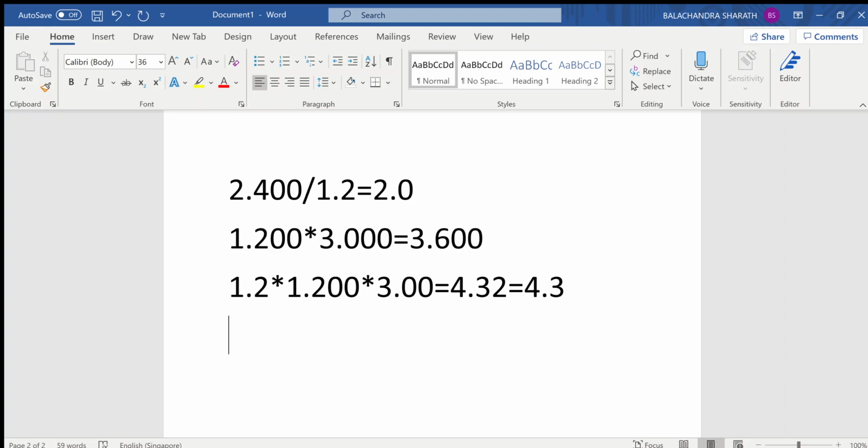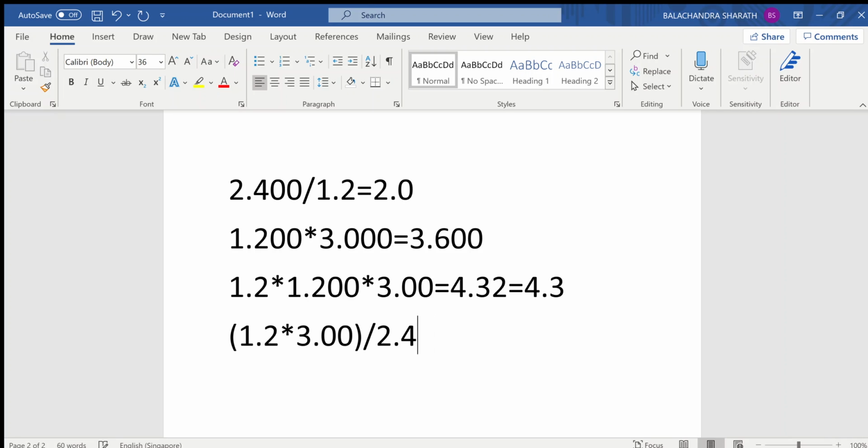Let's move on to a more complicated example of this type of rule. For example, if I say 1.2 multiplied by 3.00, this whole thing divided by 2.4 equals.